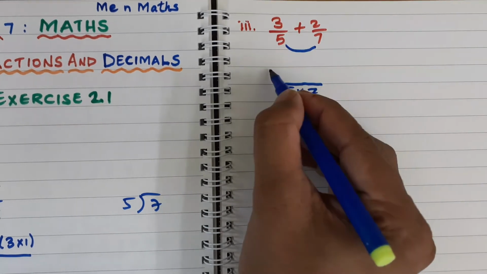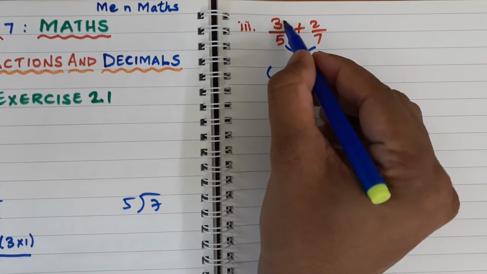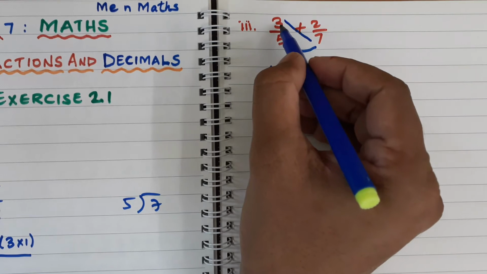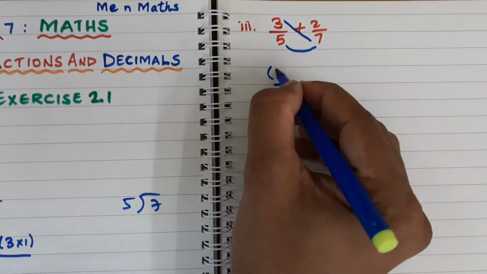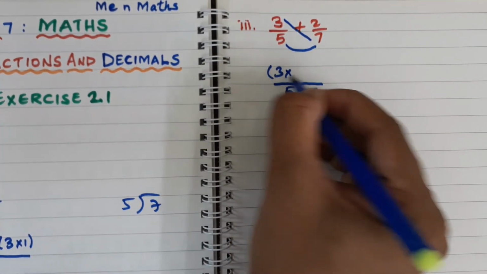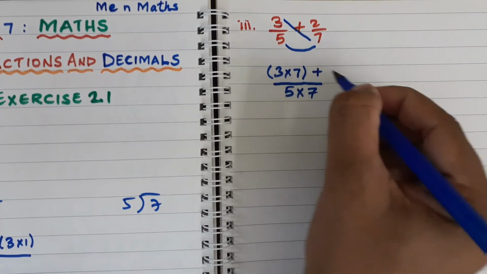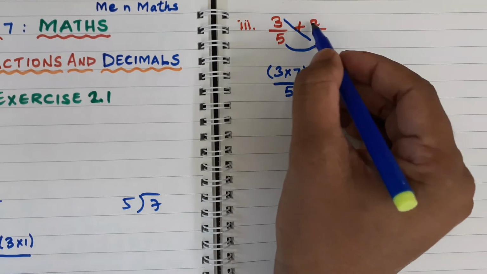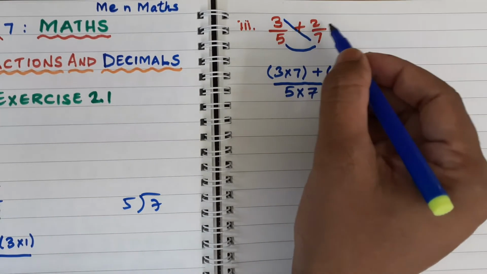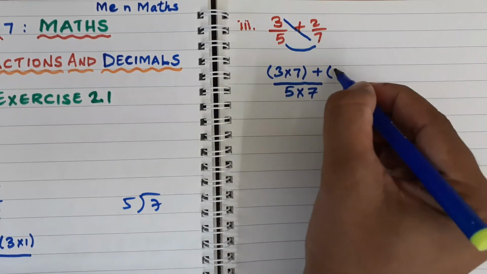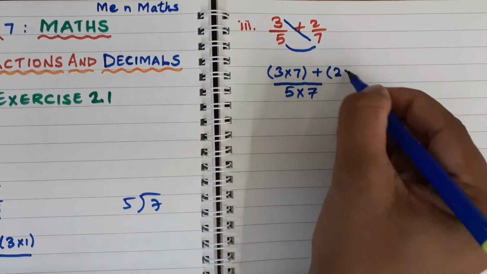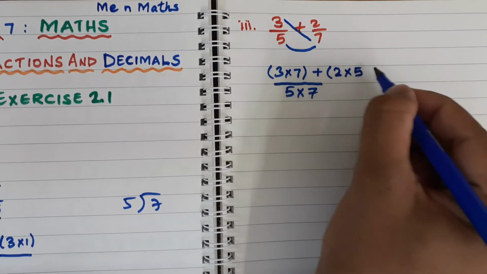Then cross multiply the numbers from the left side, 3 into 7, numerator into denominator. Then in the question we have the plus sign, so use the plus sign here. Then cross multiply from the right side, numerator into denominator, here 2 into 5.